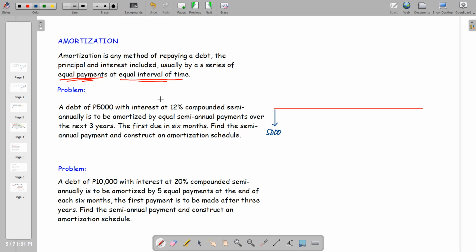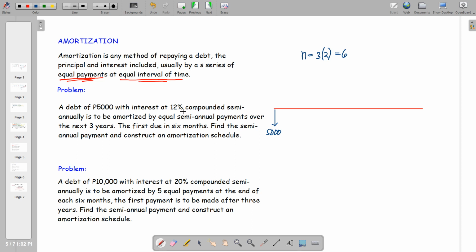So therefore, it's nice to recognize your n first before you draw. Of course, we have 3 years time, tapos twice a year siya. All in all, we have 6 semi-annual periods.